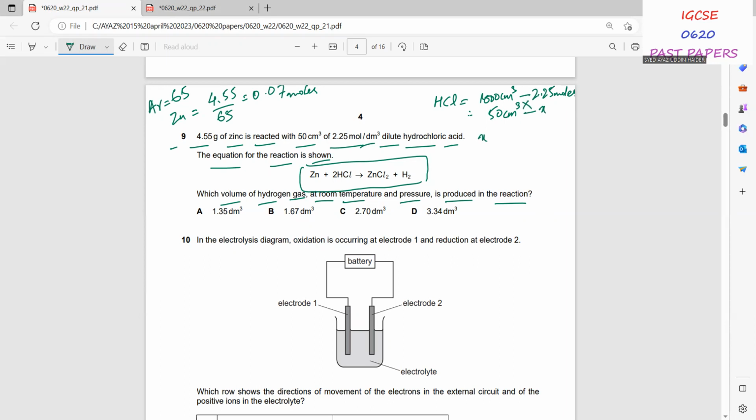So we will get X is equal to 2.25 multiplied by 50 and divided by 1000. 0.1125.